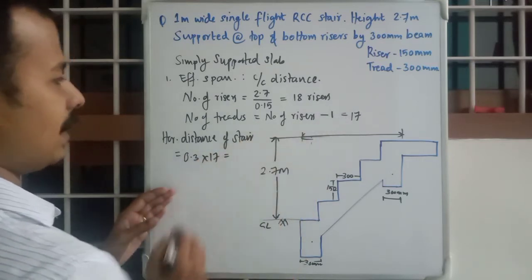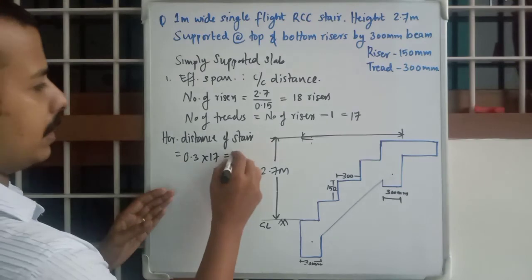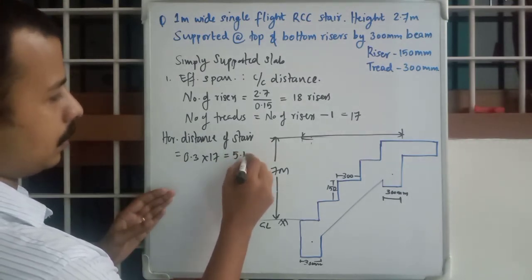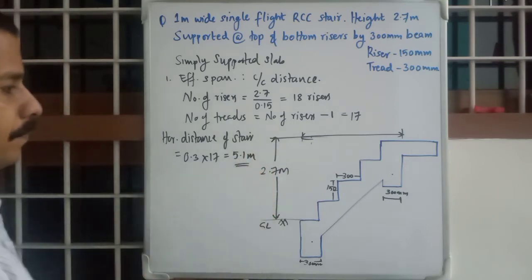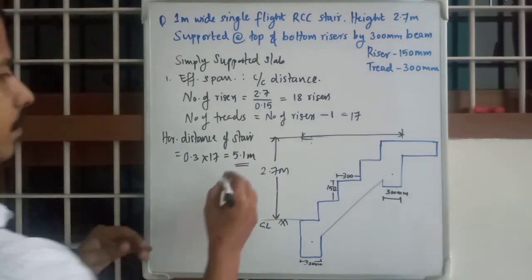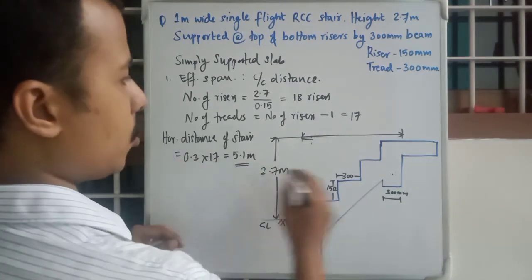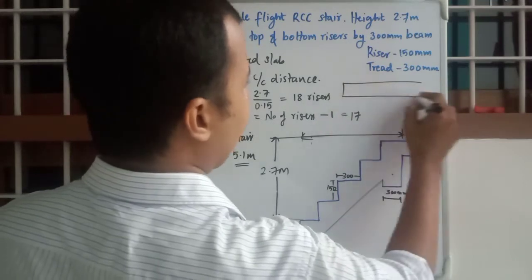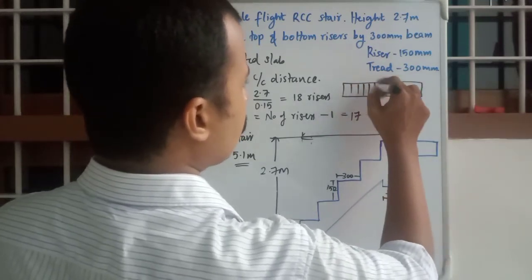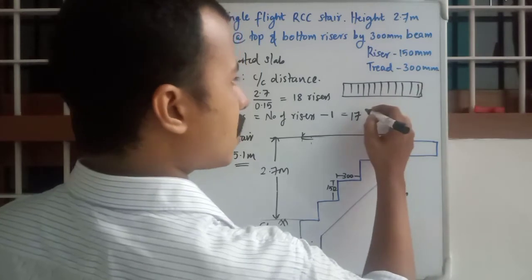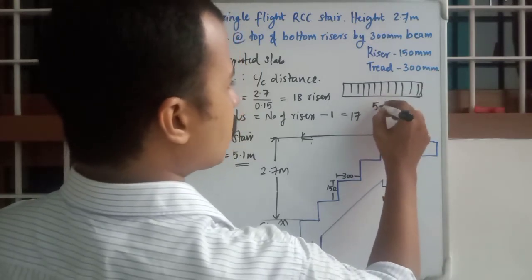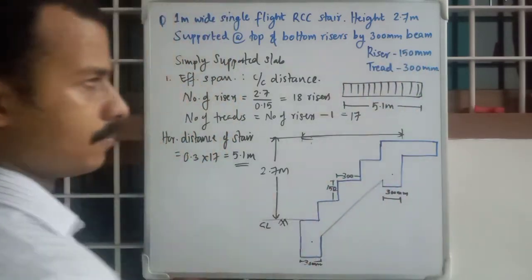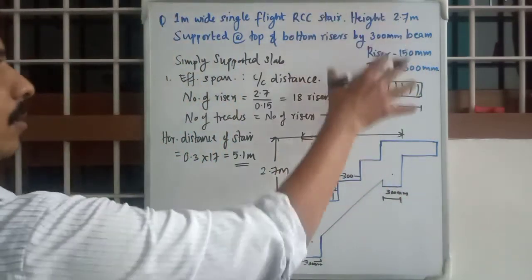Into 17. You will get 5.1 meter. So that is the horizontal distance. In this case, if this is the plan, 17 threads, this distance will be 5.1 meter. This is the plan, this is the section, sideways and top view.